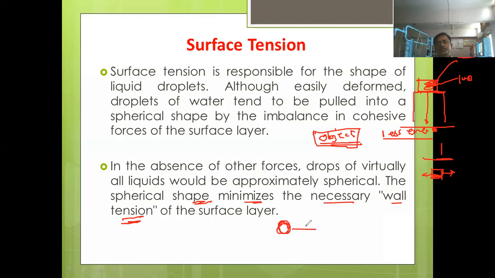Apart from this spherical shape, दुसऱ्या कुठल्याही शेप जर त्या ठिकाणी ऑब्जेक्ट असेल, then it is going to experience more surface tension force than the spherical shape. Spherical shape असेल तर minimum surface tension force त्या ठिकाणी act होत असतो. Okay, because of that reason, all types of liquid droplets try to achieve the spherical shape because it minimizes the tension.